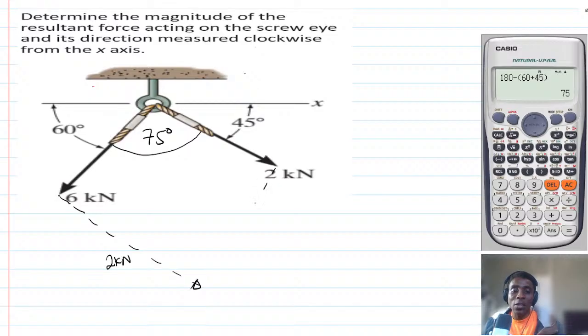We call it a parallelogram, which means parallel sides are equal. My drawing is not good, but take it like that. So this side will also be the 6 kilonewton. This 6 kilonewton is parallel to this, and the 2 is also parallel to the 2. This side is 2 kilonewtons. So parallel sides are equal. Are you okay?